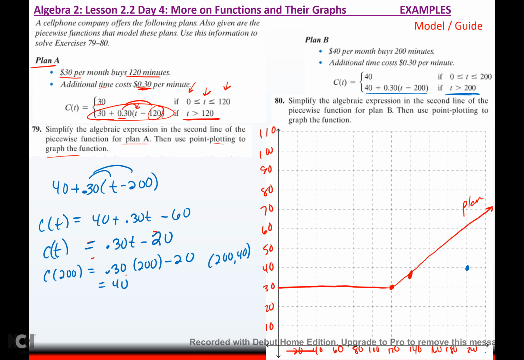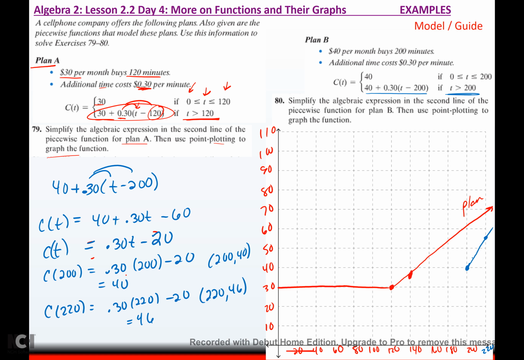Let's pick, what did I count by, 20? So this would be 220. So let's do C of 220. 0.30 times 220 minus 20 is 46. So this ordered pair would be 220, comma 46. And that's going to be at about right there.